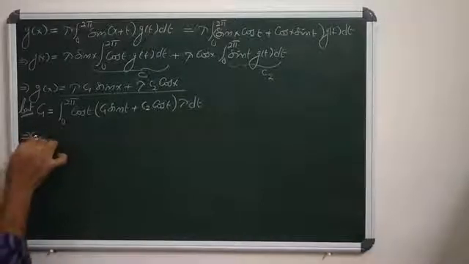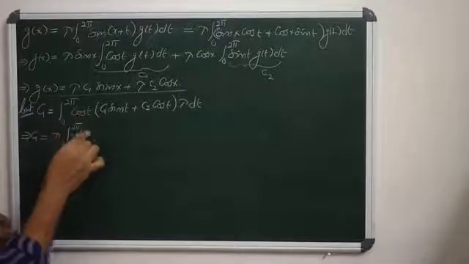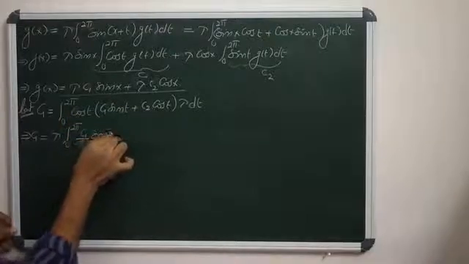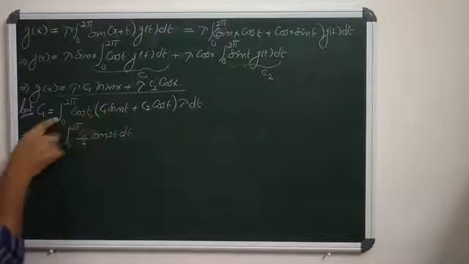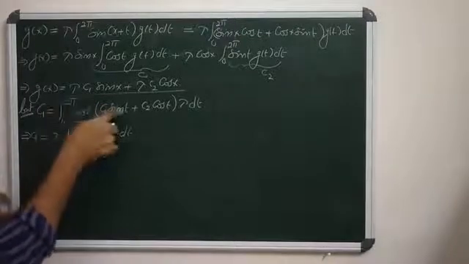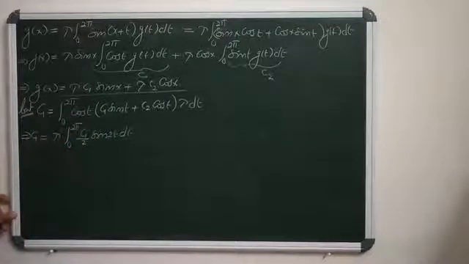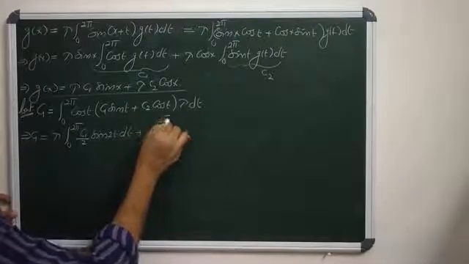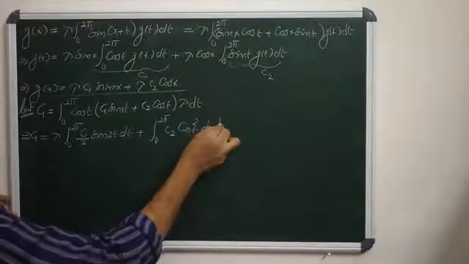That means C1 equals lambda times the integral from 0 to 2 pi of C1 sin t cos t, which is C1 by 2 into sin 2t dt, plus the integral from 0 to 2 pi of C2 cos t into cos t, which is cos square t dt.